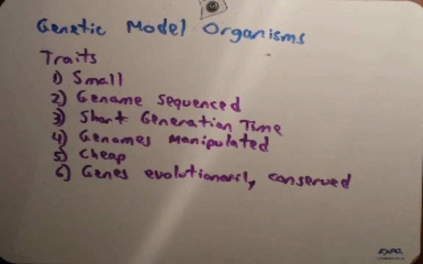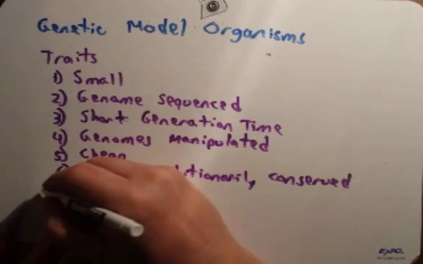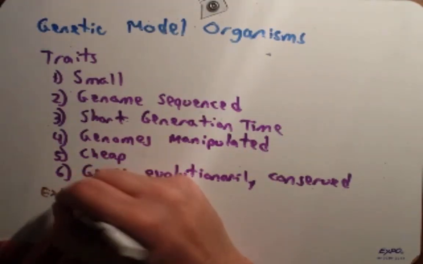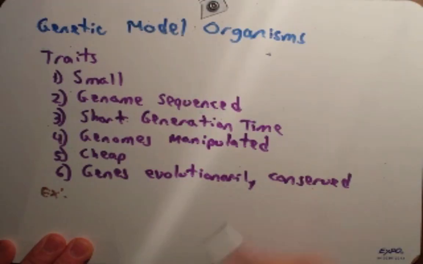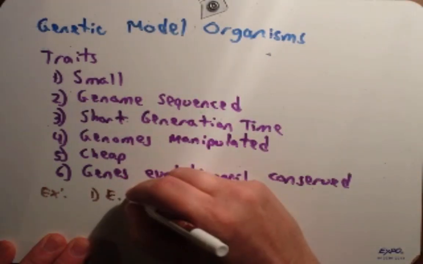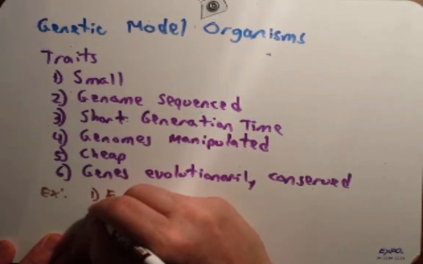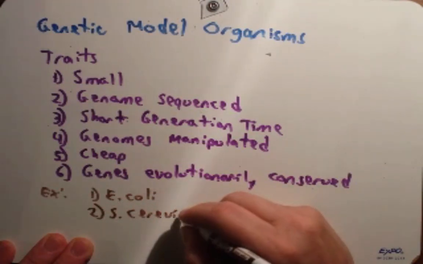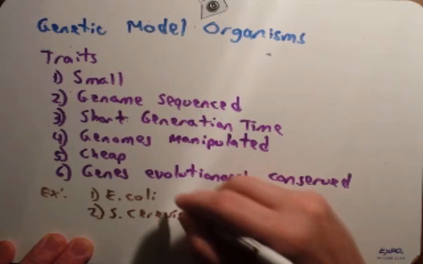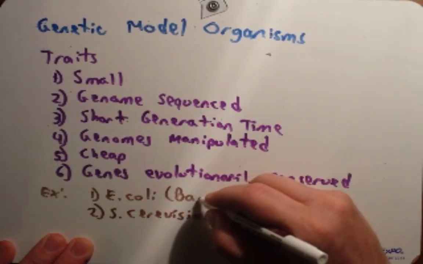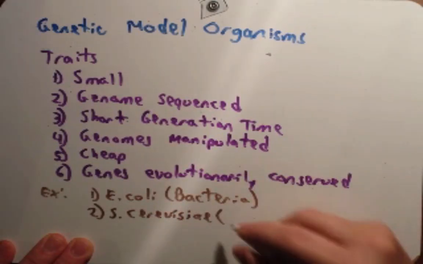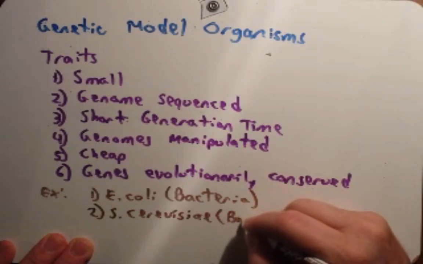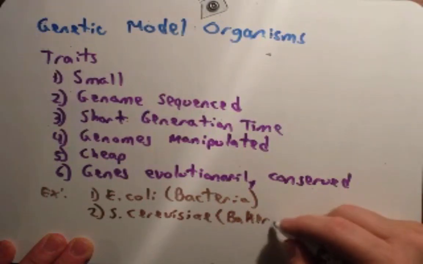Before we move on, I just want to say one more thing, and that is just provide some examples of genetic model organisms that have all of these characteristics. So E. coli, a very common bacteria, Saccharomyces cerevisiae, which is your baker's yeast, the same yeast that you use to make bread, beer, wine.